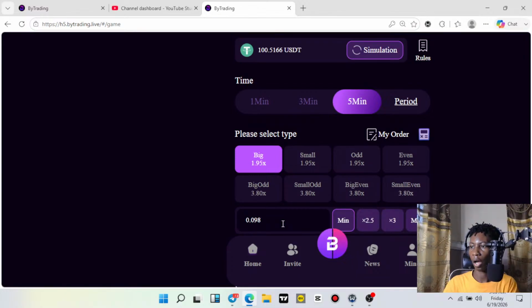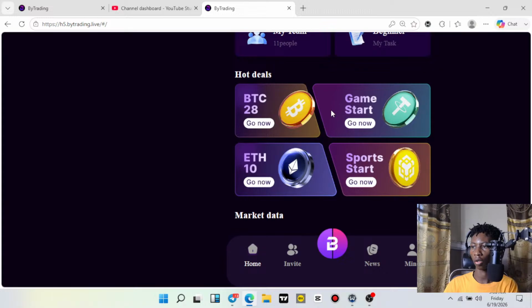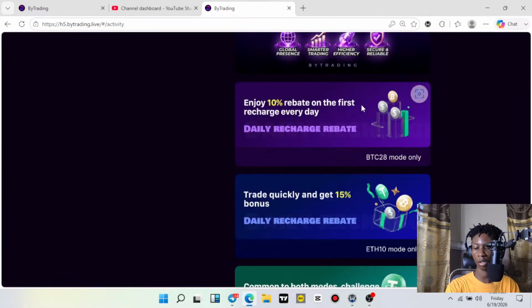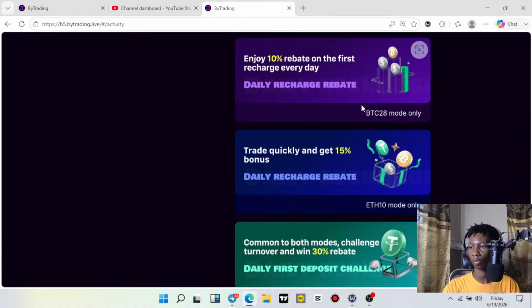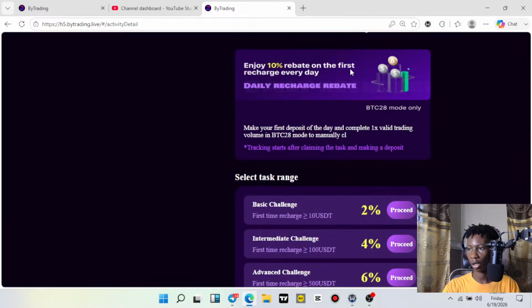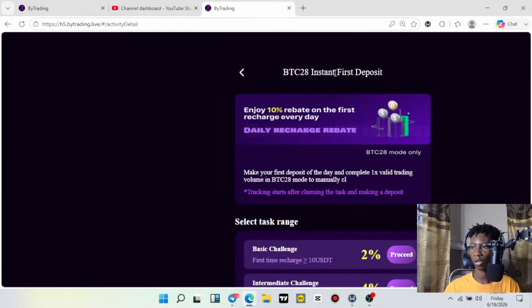And you can also participate in some activities on the platform, because right here you guys can see beginner task, my task. You can click on it and participate in their activity. You can see BTC 28 instant first deposit, enjoy 10% returns on your first recharge every single day.